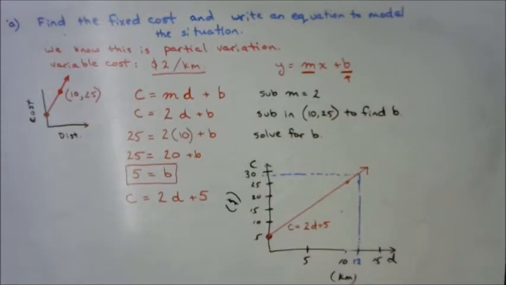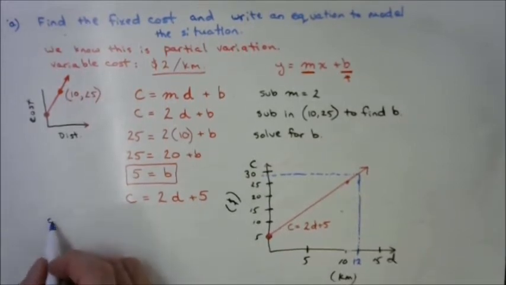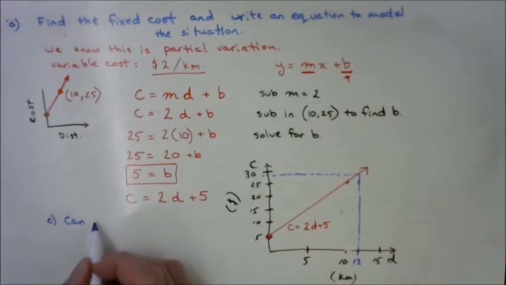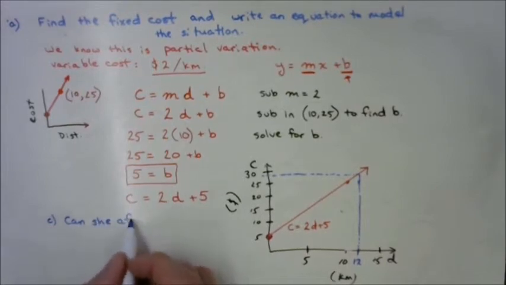Yes, just less than $30. So by looking at the graph, if we have a perfect graph, we can say, yes, she can afford that. If she can go one way for less than 30, then she can go both ways for less than 60.